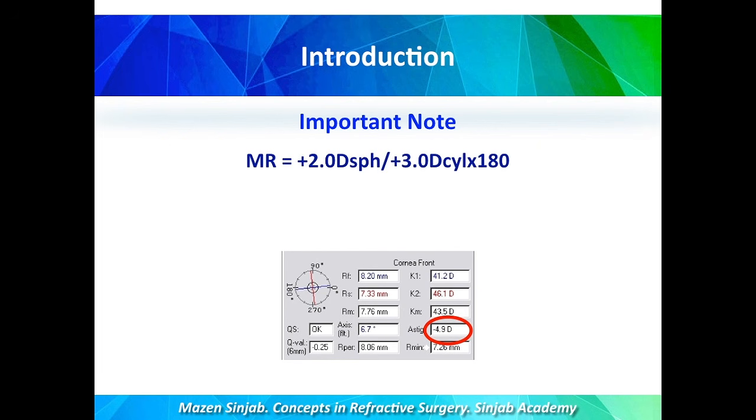And we have to adjust the manifest refraction in order to convert the plus astigmatism into minus astigmatism, and in this way we can compare both axes, whether they are in the same direction or in opposite directions.